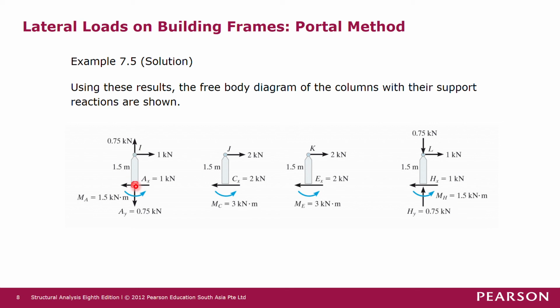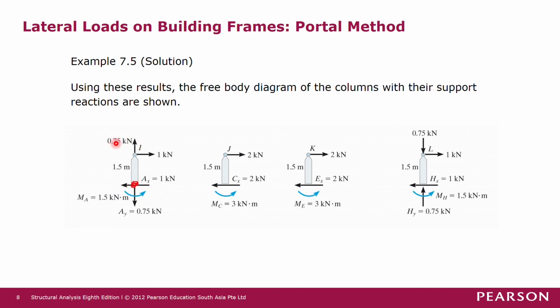So now we just sum moment at joint A and take anticlockwise moment as positive. So we have Ma, which is anticlockwise, and then these two forces of Ay and Ax both pass through joint A, so they don't produce any moment.